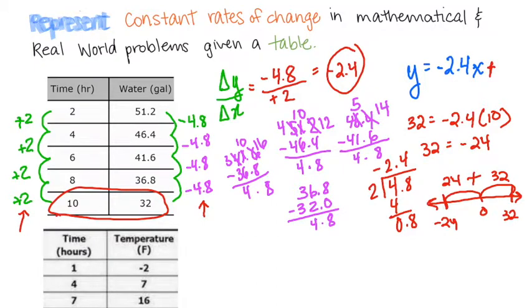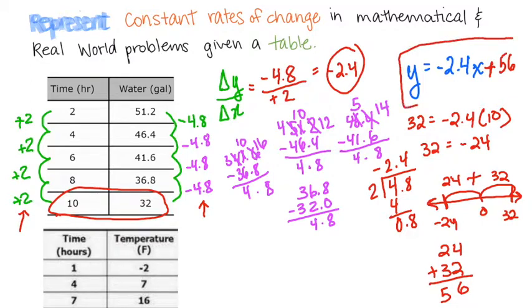I can go ahead and add that distance to my rule. So that's a distance of 56 points. If I add that, then that could potentially be the correct rule to represent this table.